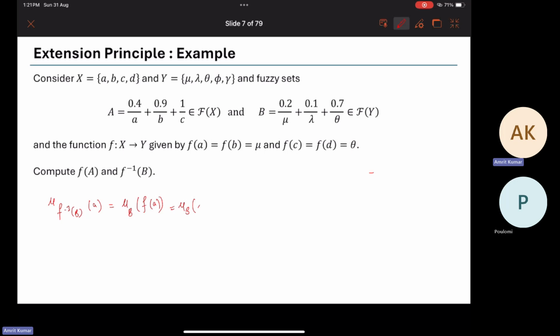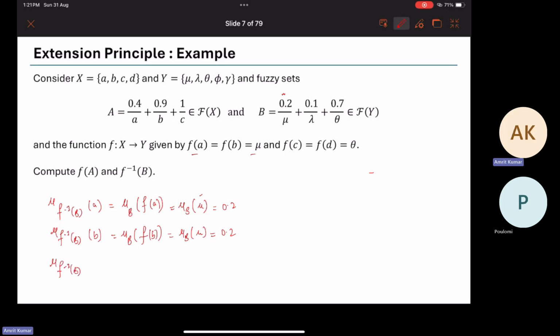Now mu B of F of A is nothing but mu B of U, right? Because F of A is U. And the membership of U in B is 0.2. So this becomes 0.2. Similarly, the membership of B in F inverse of B is mu B at F of B. Now F of B is again U. So this becomes 0.2.